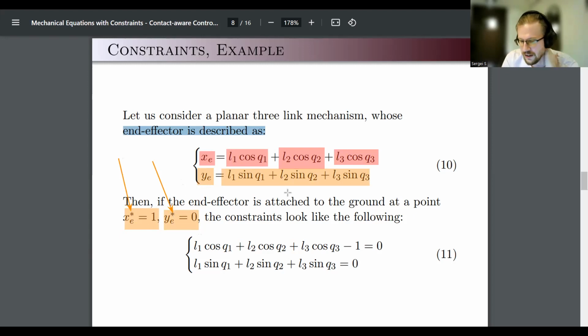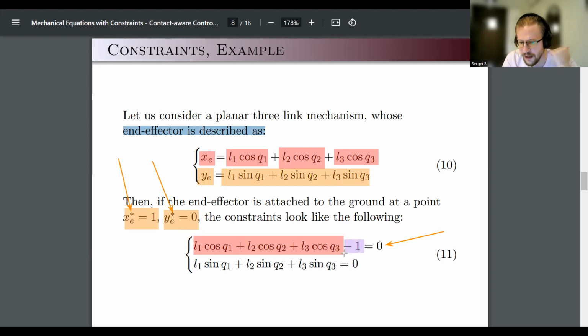Then the constraints that impose this attachment would look like this. Notice we have the same exact expression here, but additionally, now we have this minus 1.